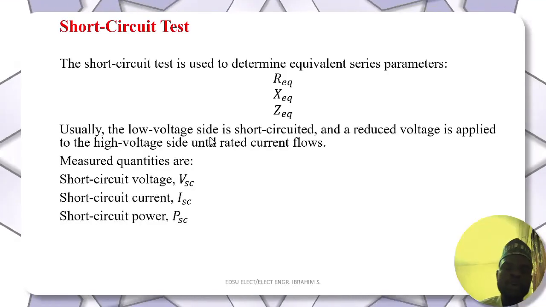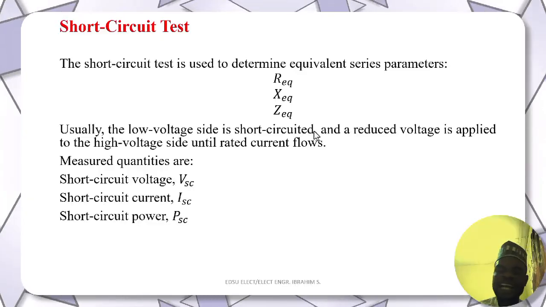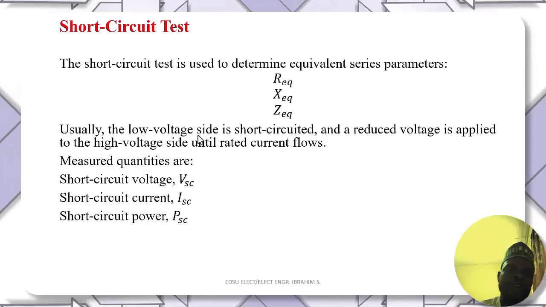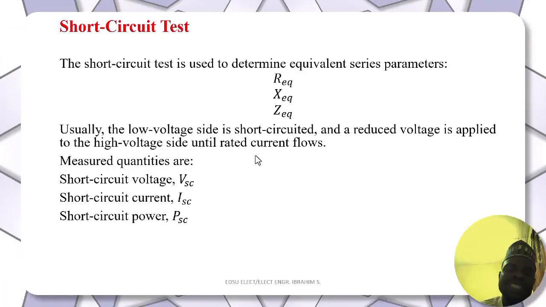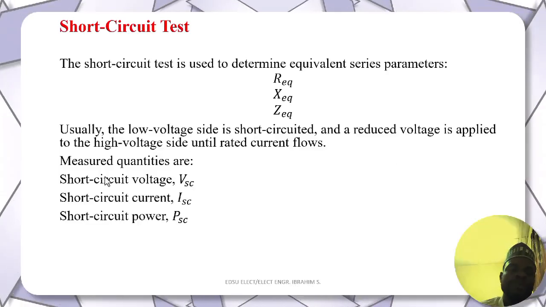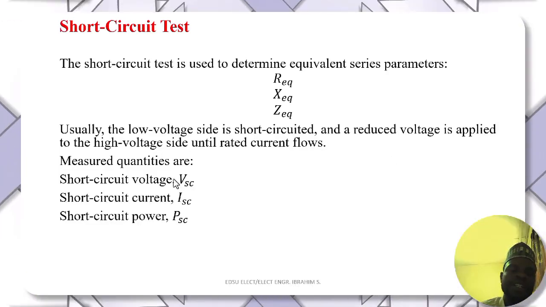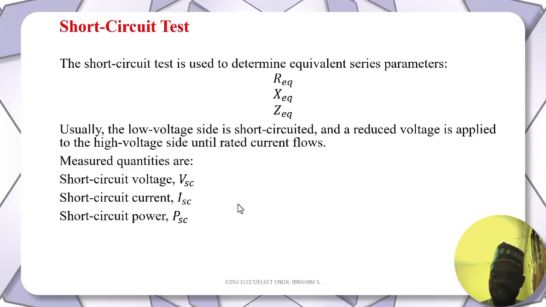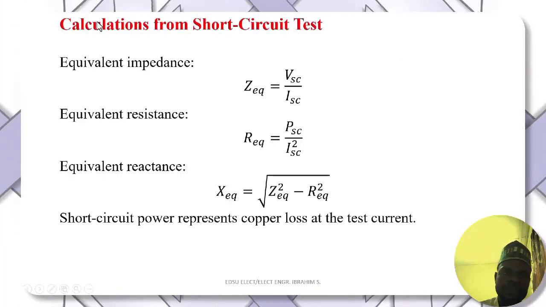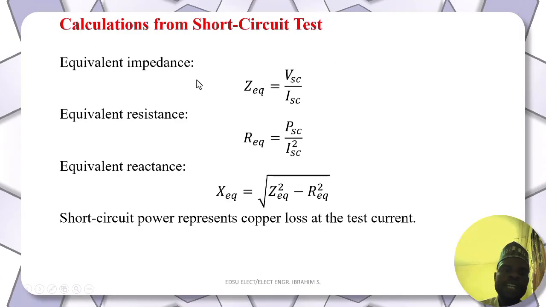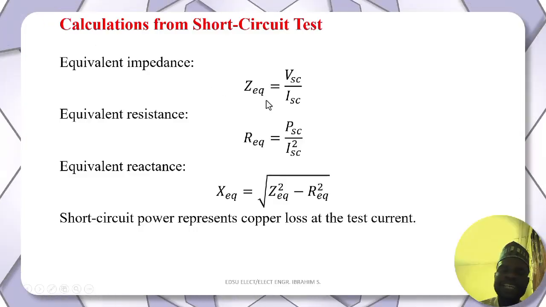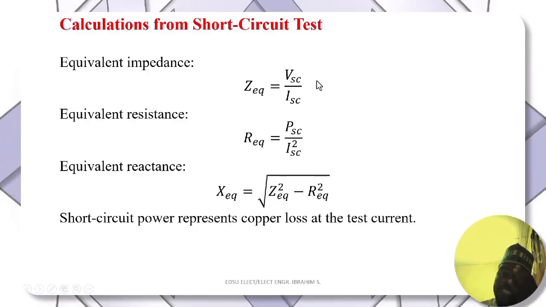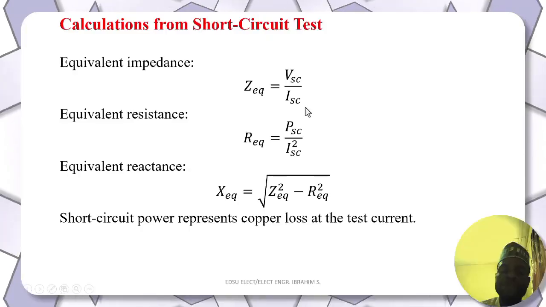Usually the low voltage side is short circuited and reduced voltage is applied to the high voltage side until rated current flows. The measured quantities are the short circuit voltage, short circuit current, and short circuit power. So the equivalent impedance Z equivalent is the short circuit voltage divided by our short circuit current.